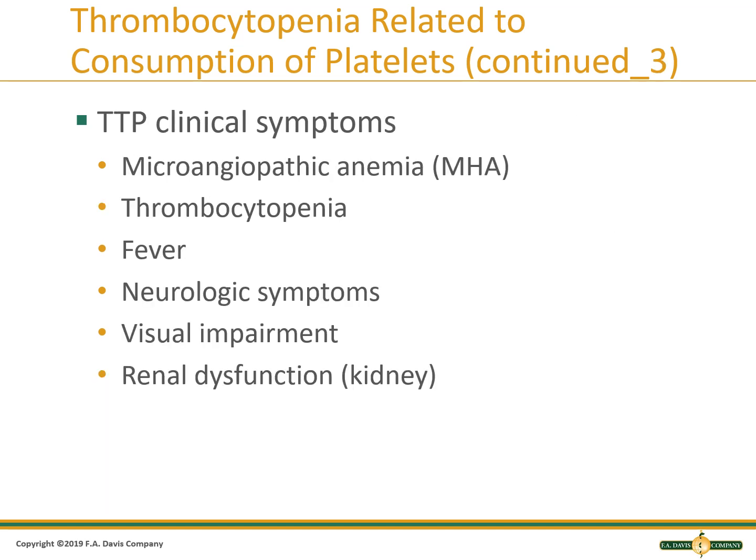TTP clinical symptoms may include microangiopathic hemolytic anemia or MHA, thrombocytopenia, fever, neurological symptoms, visual impairment or having issues with your vision, or renal dysfunction. Renal is the other word for kidney, so kidney dysfunction.